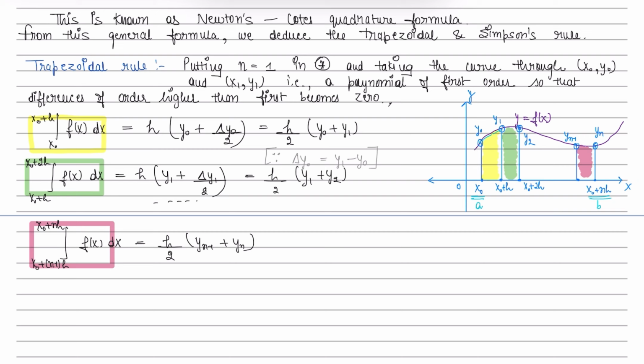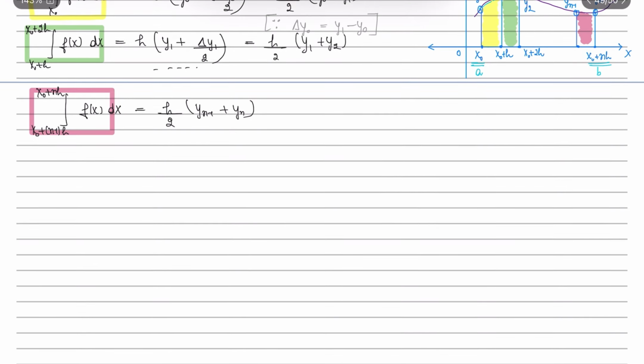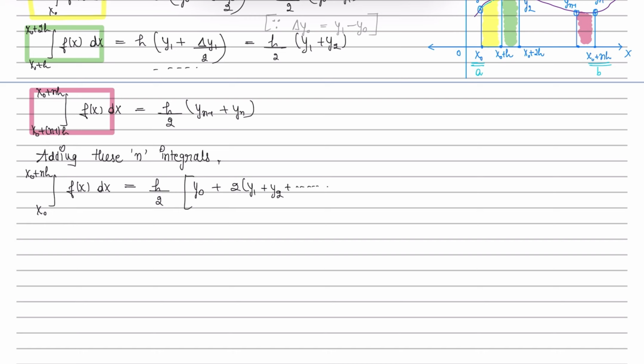To find the area under the curve from point A to B, we have to add them all. So adding these n integrals, we obtain the integration from x0 to x0 plus n times h of f of x dx, which is equal to h by 2 into y0 plus 2 times the rest of the terms except yn.